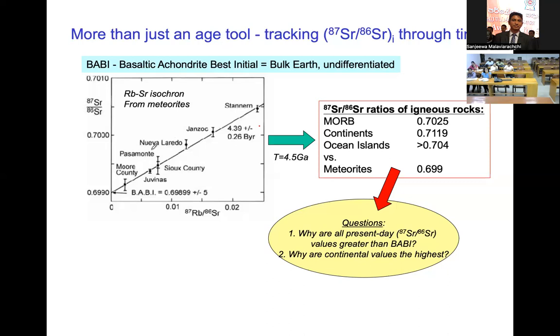Therefore, we can analyze multiple chondrites or meteorites, plot them, and check whether they show any collinear pattern, which means an isochron. Present day we can see the isotopic compositions.